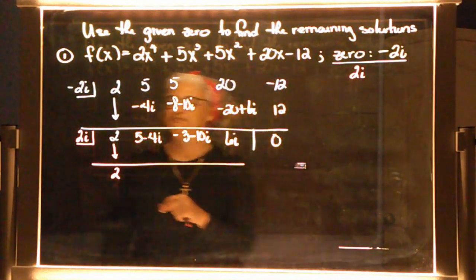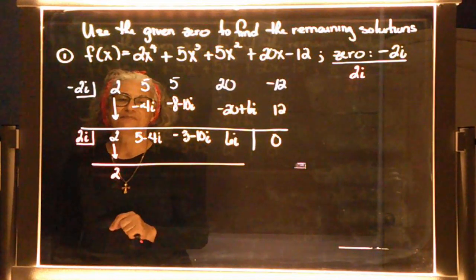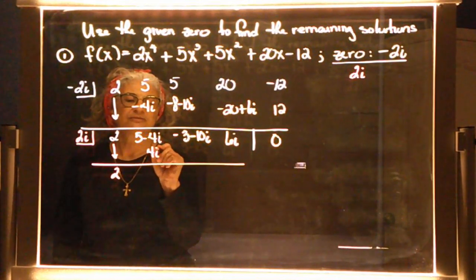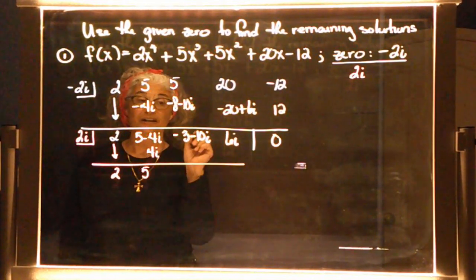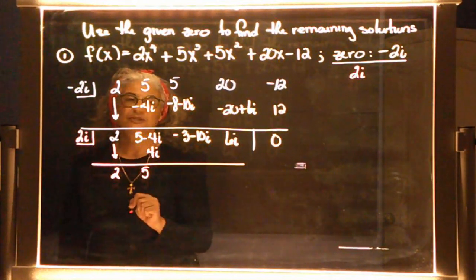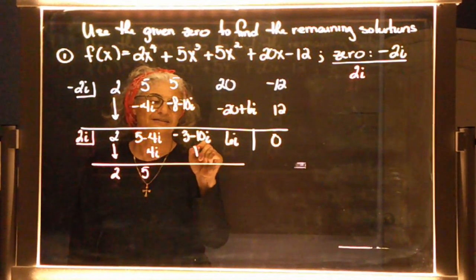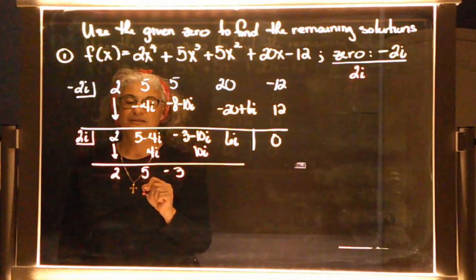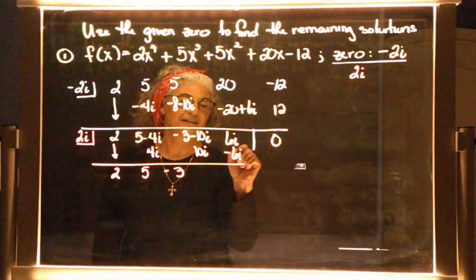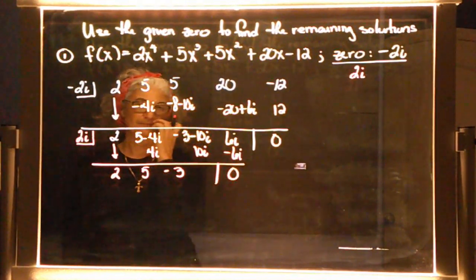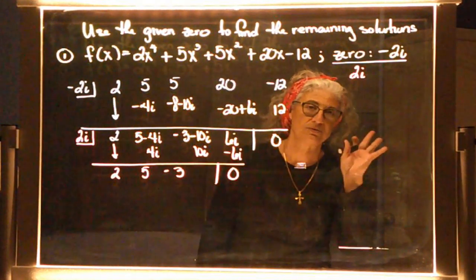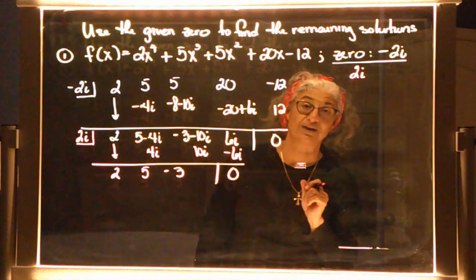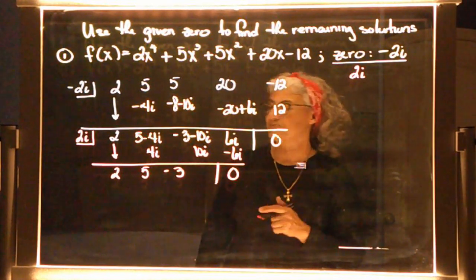So watch. What's 2 times 2i? 4i. Oh, look. The 4i's cancel. Leaves me 5. What's 5 times 2i? Yeah, 10i. Look, the 10i's cancel. Leaves me negative 3. Puts a negative 6i here. Woo! That was easy. That was nice and simple.